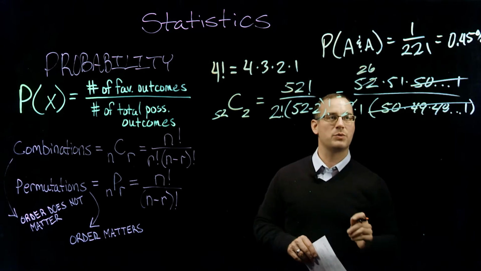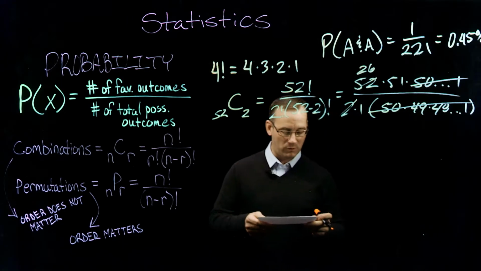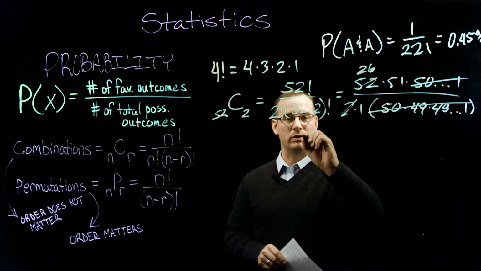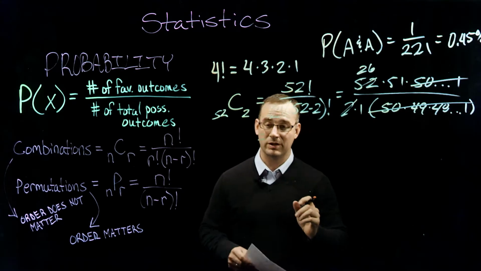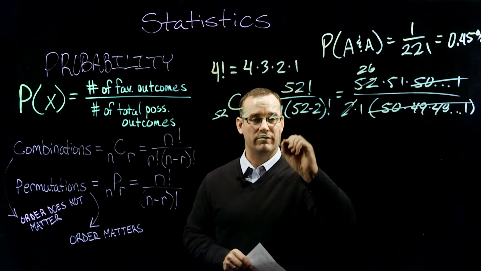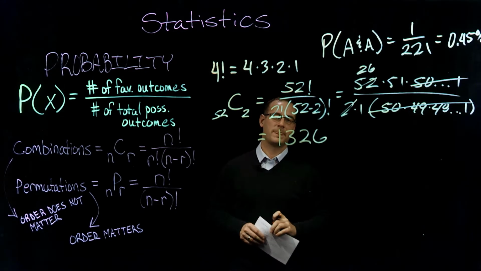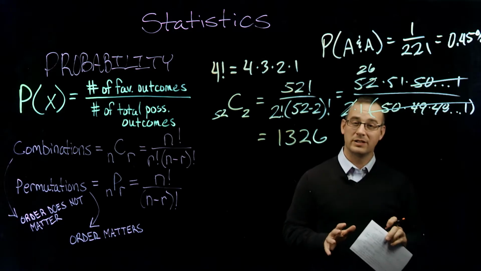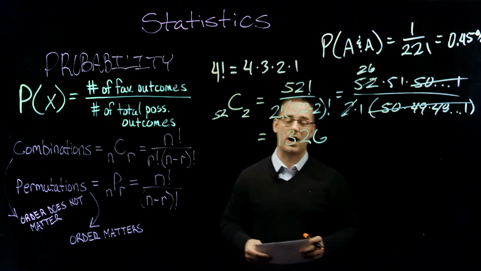So we end up with 26 times 51, which gives us a total of 1,326 two-card combinations out of a standard 52-card deck. So there are 1,326 combinations of a starting hand, and that's our number of total possible outcomes.